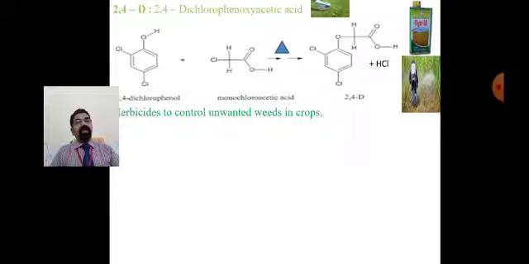Due to the increase of weeds, whatever fertilizer and water is given to the crops, the weeds will suck up this fertilizer and water, and the yield of the crop becomes less. That's why it is used to easily control the weeds, and hence it is called a herbicide.